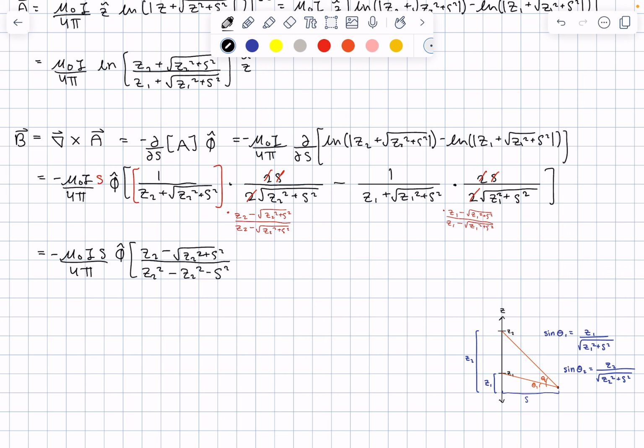And then this will still be multiplied by 1 over the square root of z2 squared plus s squared.